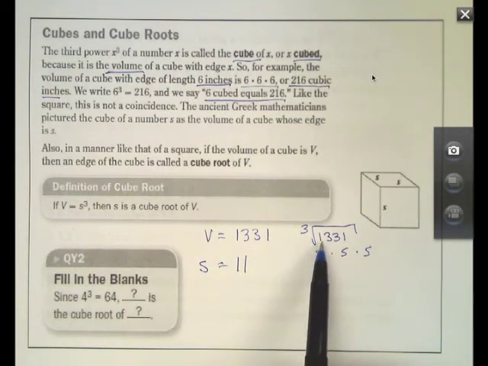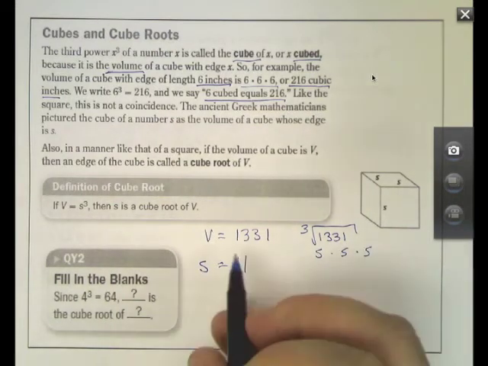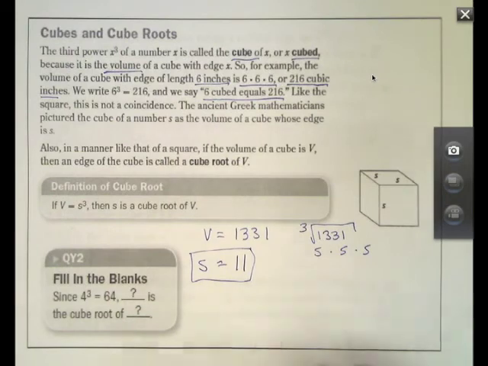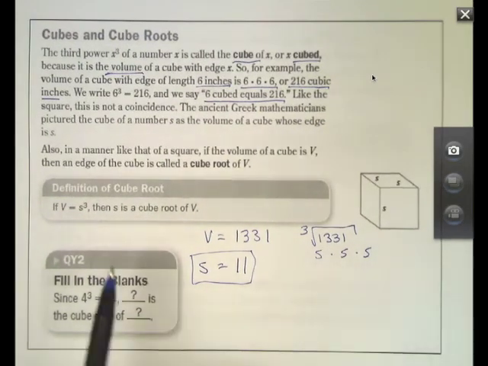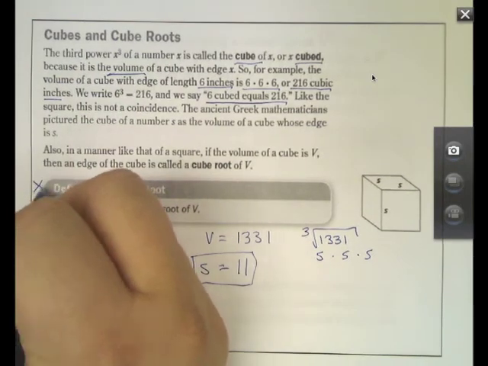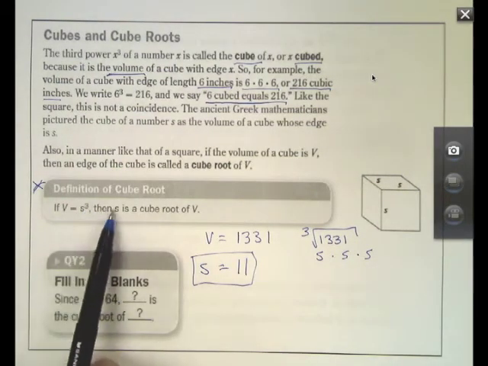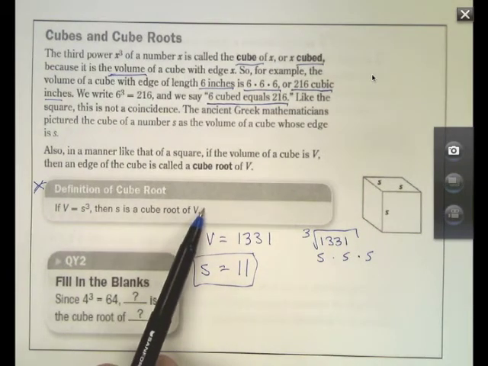So in that case, my side would be length 11, because obviously you can't have a side length of a negative, and even if it was a negative 11, you can't get a negative 11 times a negative 11 times a negative 11 to be a positive 1,331. So in this case, you could only have a positive number as your answer.